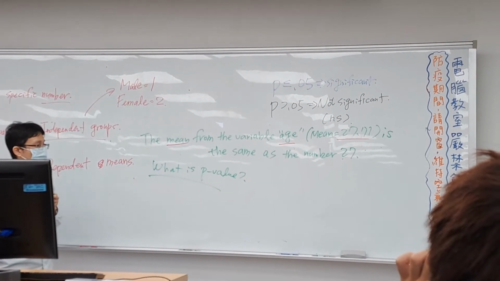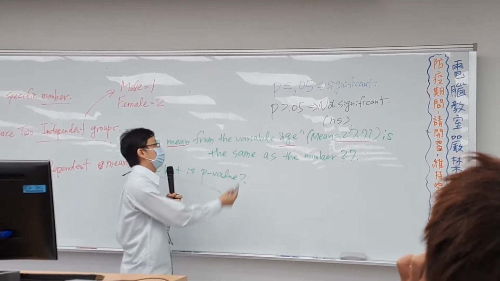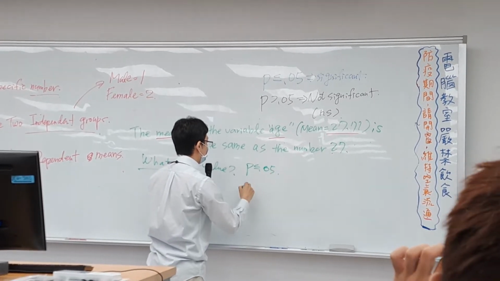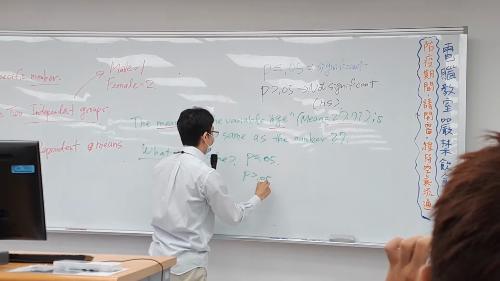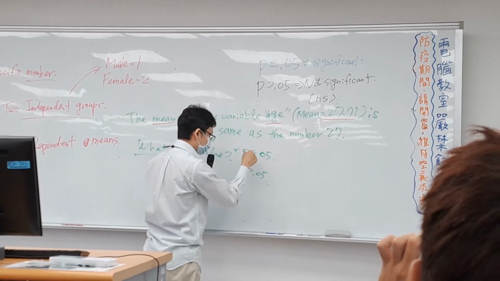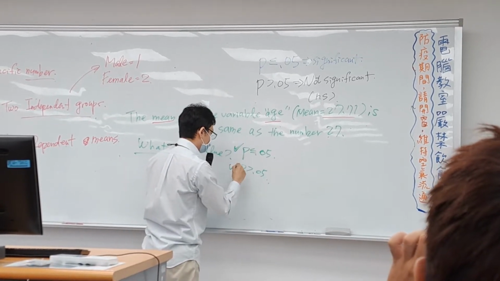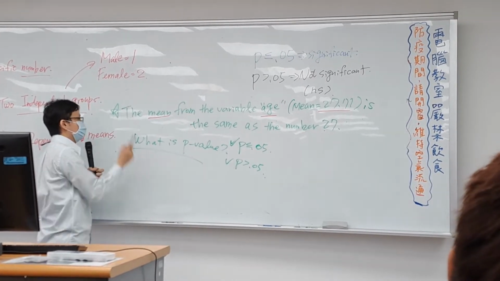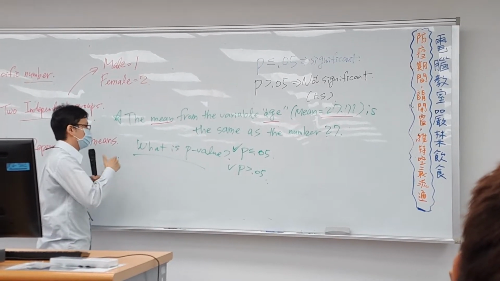You need to put the p-value there. You could tell me either the p-value is smaller than 0.05 or the p-value is greater than 0.05. Either this one or this one. And this is the way we address a non-significant result.